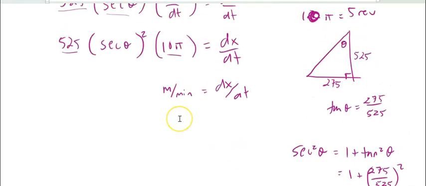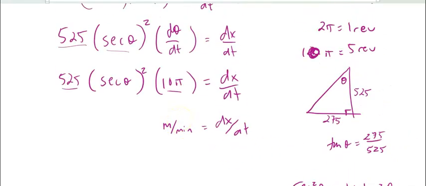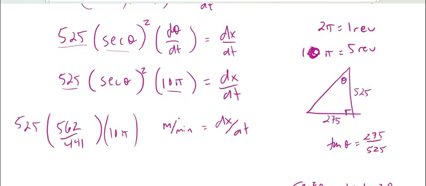So now I can go back up, and I know that secant squared theta is 562 over 441. And this is 10 pi. And then I run that through, and I should get roughly 21,019 meters per minute.